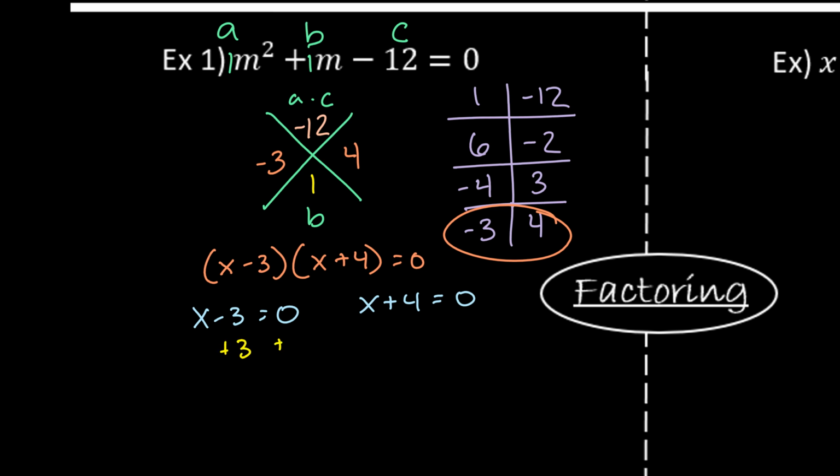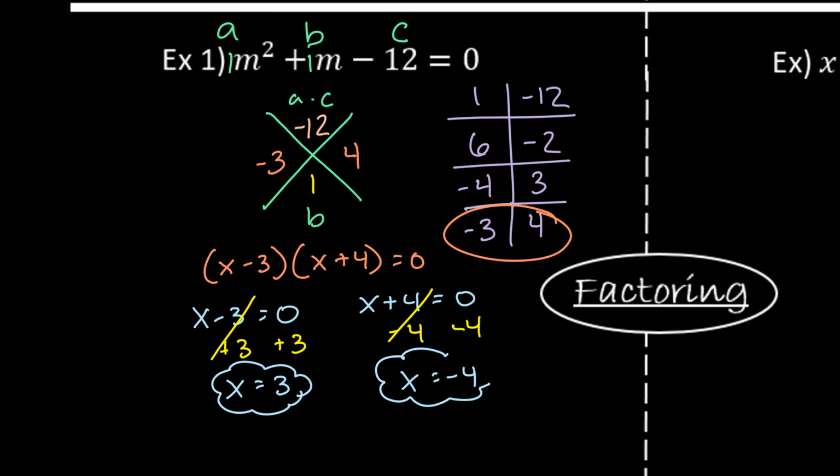You solve for x. You add 3 over. So x here is what? 3. And then what do you do on the other side? You subtract 4 over. So x is equal to -4. These are our two solutions to the quadratic.